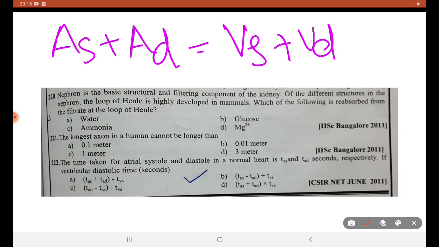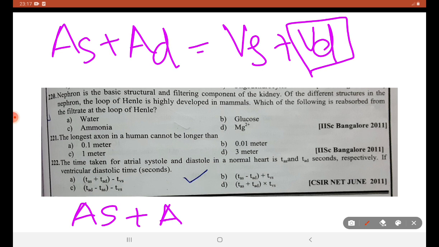So here they are asking about ventricular diastole time. Now arriving at the answer, atrial systole plus atrial diastole minus ventricular systole. For this question, A is the correct answer.